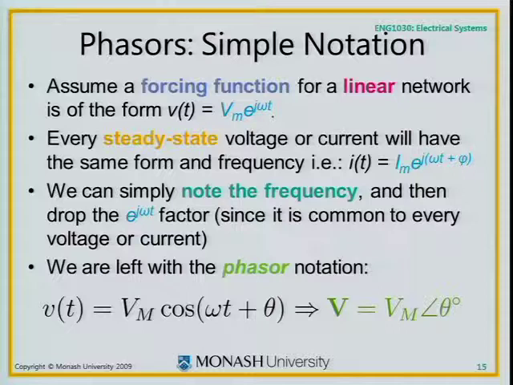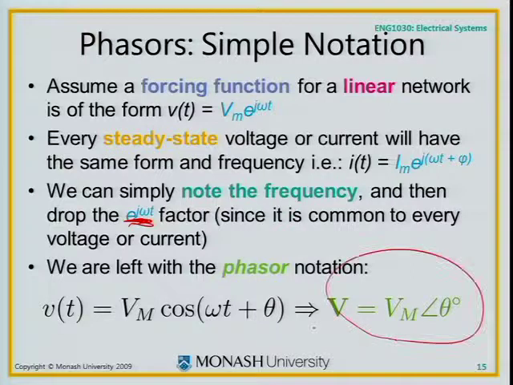If we assumed a forcing function of the form Vm e to the j omega t, a complex exponential, totally fabricated, but we can do it, then every steady state voltage or current will have the same form, but might have a different amplitude and a different phase. And so it's only the amplitude and phase we need to find. So we simply note the frequency, drop that factor because it's the same everywhere, and we're left with just the thing we need to worry about, which is Vm at angle theta.